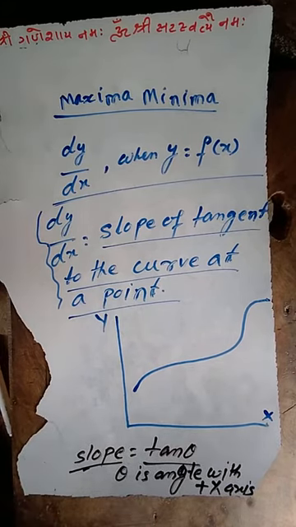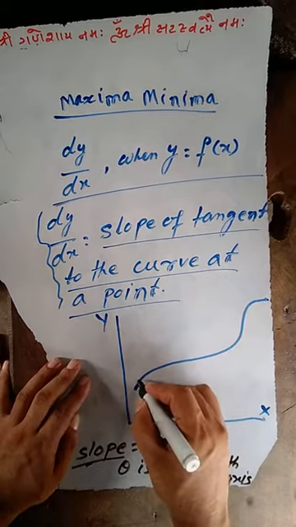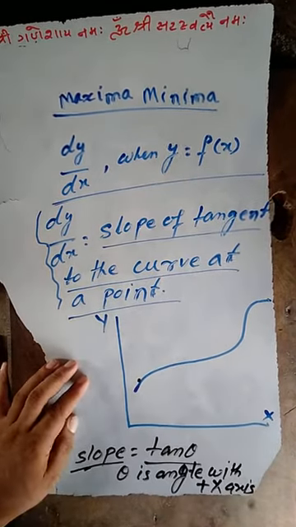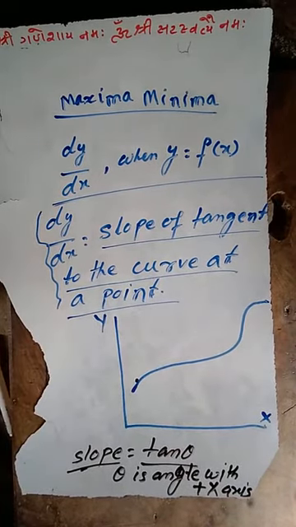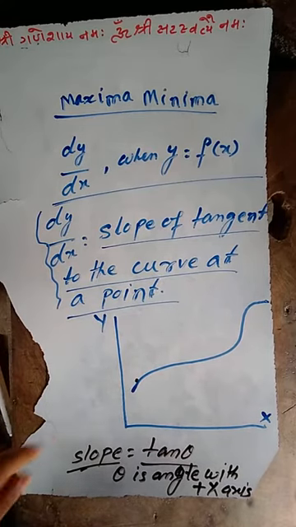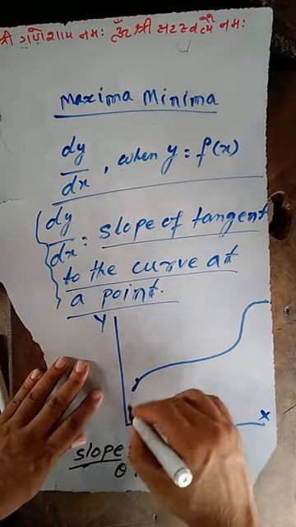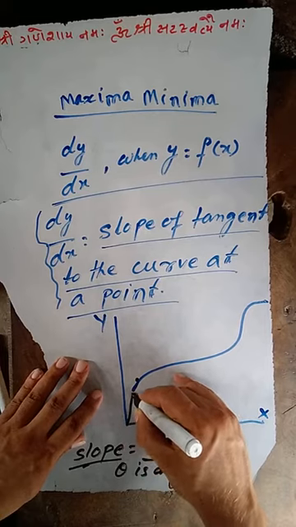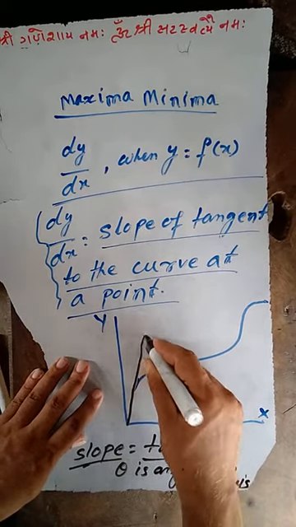Now what is a tangent? Suppose at this point we have to draw a tangent. The tangent will be like this.